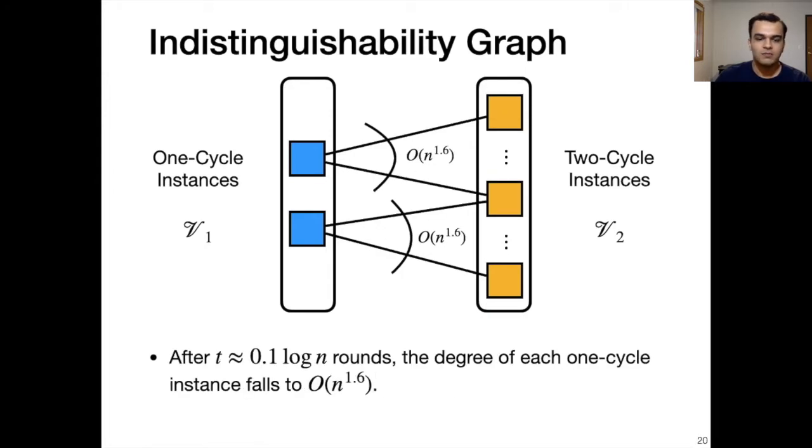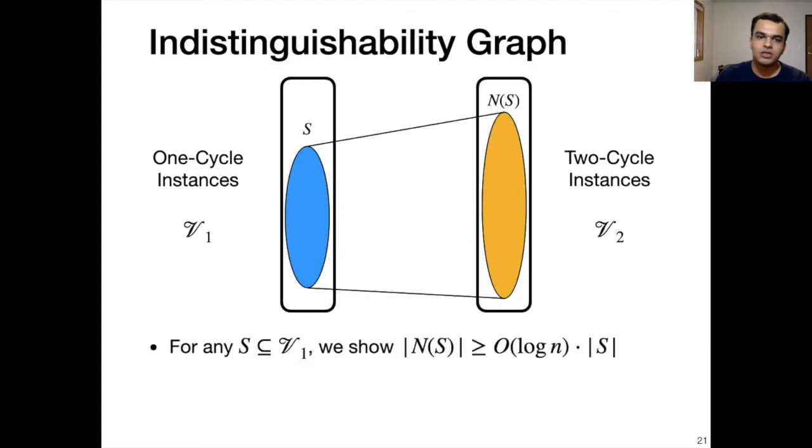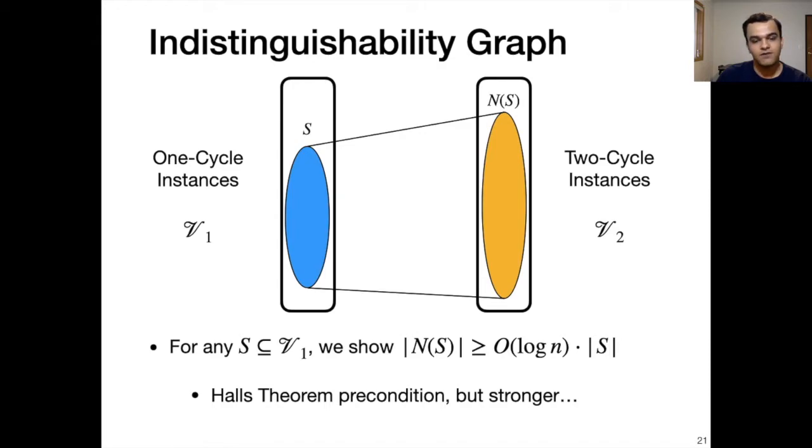So after some logarithmic number of rounds, the degree of each one cycle instance falls down to something like n to the 1.6. The crucial result that we show is that for any set S of one cycle instances, the size of the neighborhood of S is at least log n times the size of S. This looks like the precondition for Hall's theorem, but a little bit stronger.